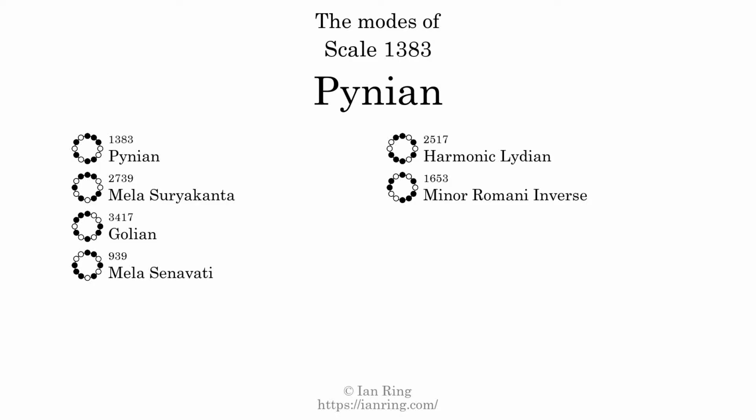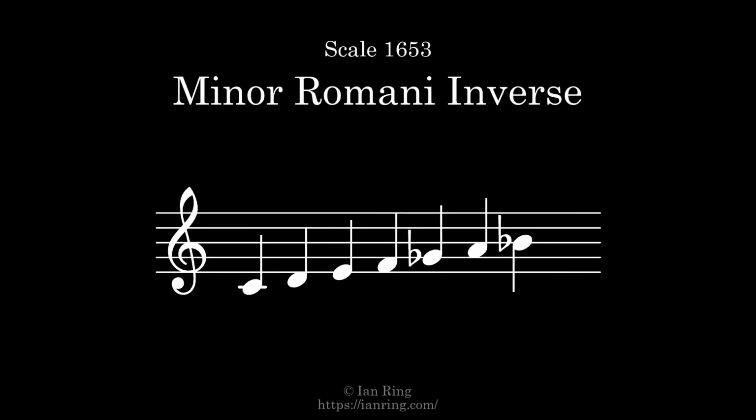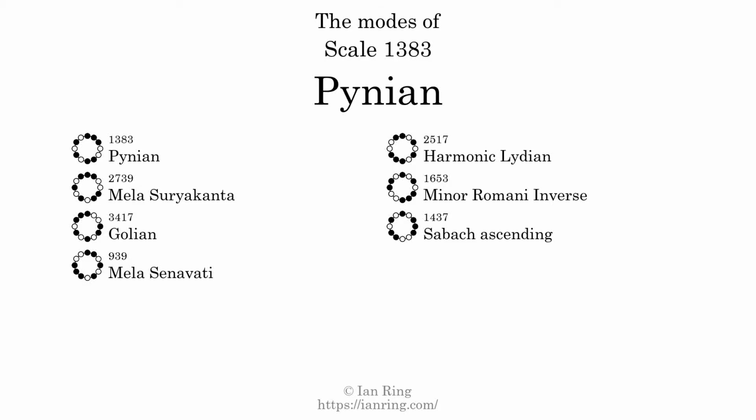The sixth mode is scale 1653, also known as Minor Romani inverse. It sounds like this. The seventh and last mode is scale 1437, also known as Sabach ascending. It sounds like this.